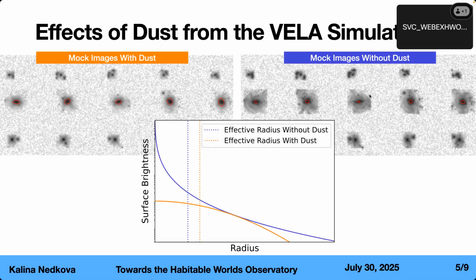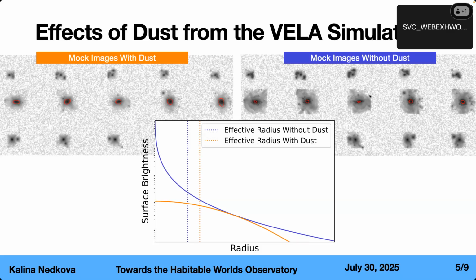if we take a surface brightness profile as a function of radius of a galaxy that has dust, we might expect that the center will be attenuated, it's going to be less bright. And it's also going to be less bright in the outskirts. And this is consistent with what we're seeing. These galaxies that don't have dust are much more extended than the ones where dust is included.